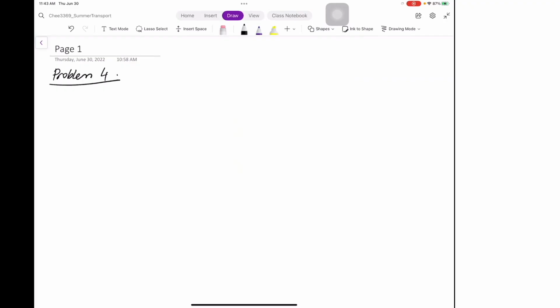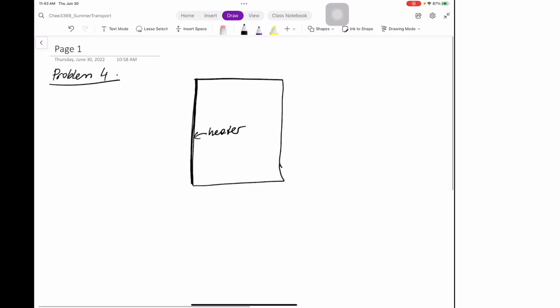A thin heater sheet which provides constant heat flux of 500 watt per meter square. This is the heater. It is placed between two layers, A and B, as shown in the figure.